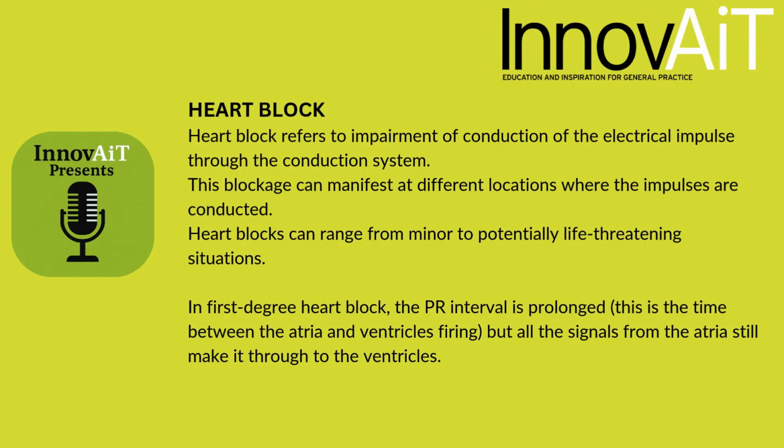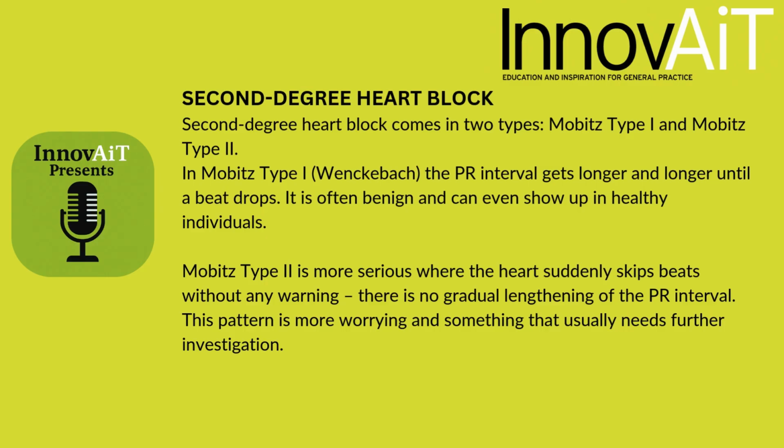In first degree heart block, the PR interval is prolonged. That's the time between atria and ventricles firing, but all the signals from the atria still make it through to the ventricles.